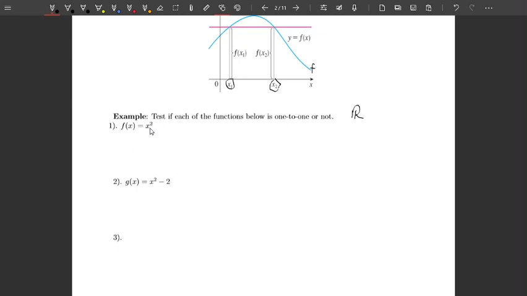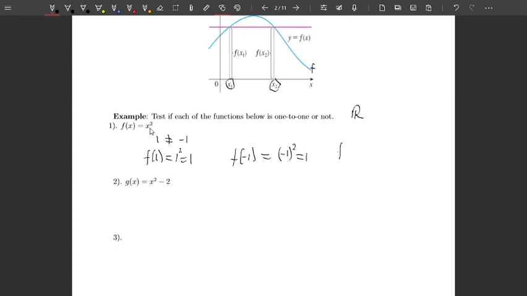Well, you could ask yourself, in the set of real numbers, I know that 1 is not equal to -1. However, f of 1 is equal to 1 squared, which is 1. f of -1 is equal to (-1) squared, which is 1.